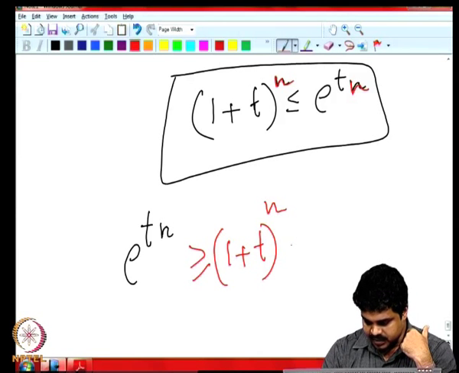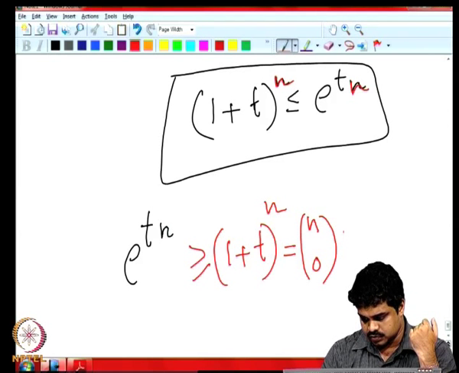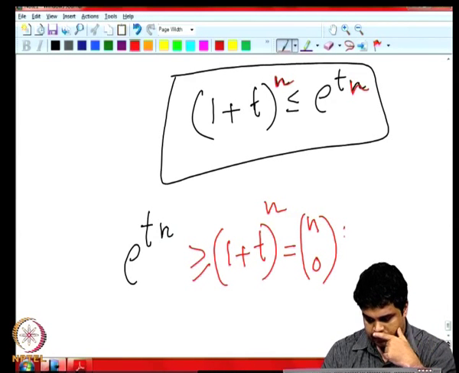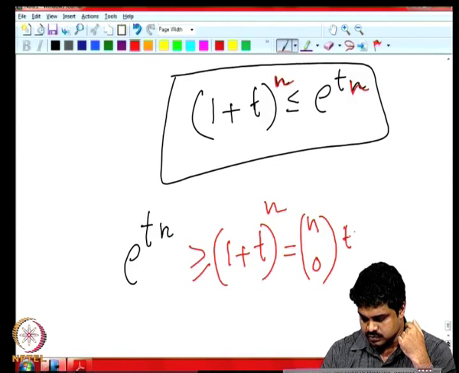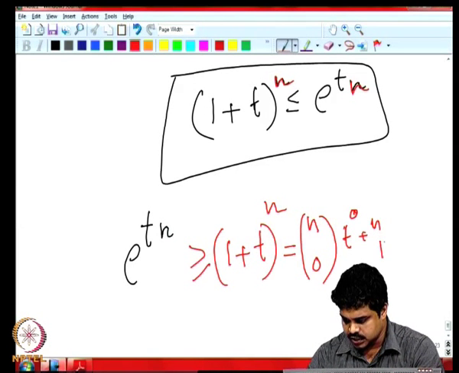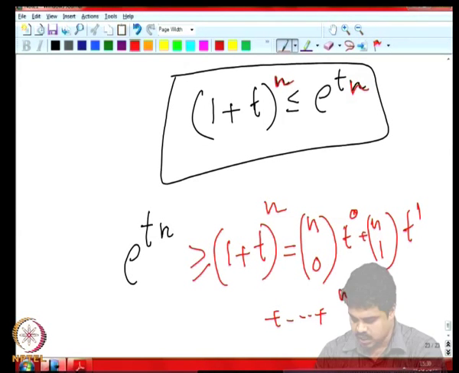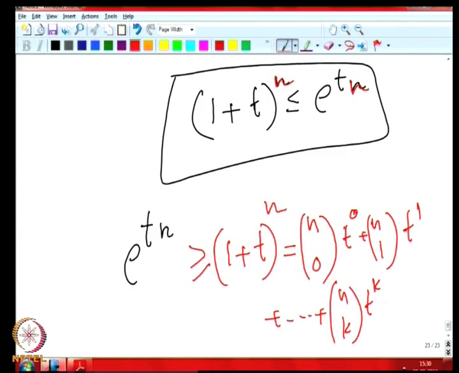Now this can be expanded using the binomial theorem: n choose 0 into t raised to 0, plus n choose 1 into t raised to 1, plus n choose k into t raised to k, and all the way to n choose n into t raised to n.